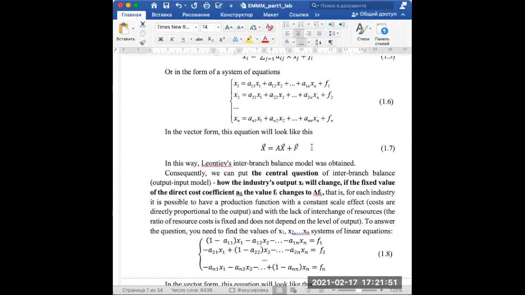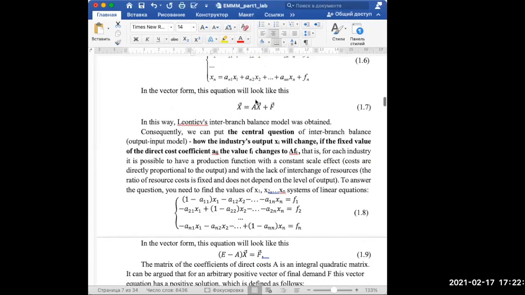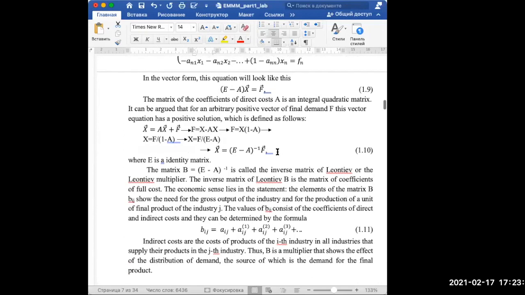According to all our mathematical calculations, we know how to explain the reaction of x to changes in our final demand, and it helps us find the central formulas of the input-output model in vector form, and we will use these formulas to find the answers to your laboratory work number 1.